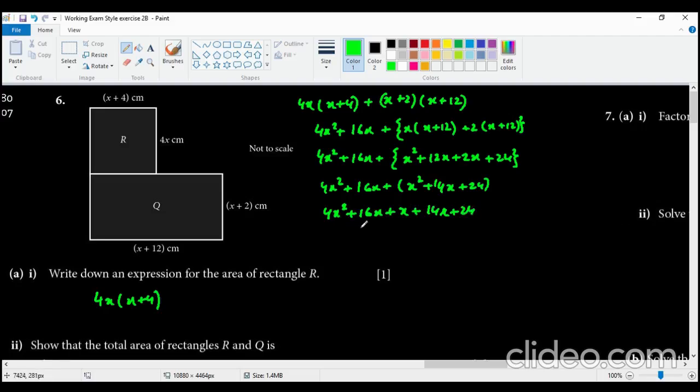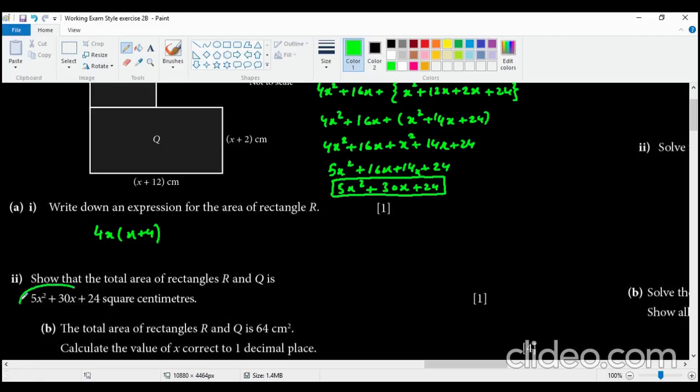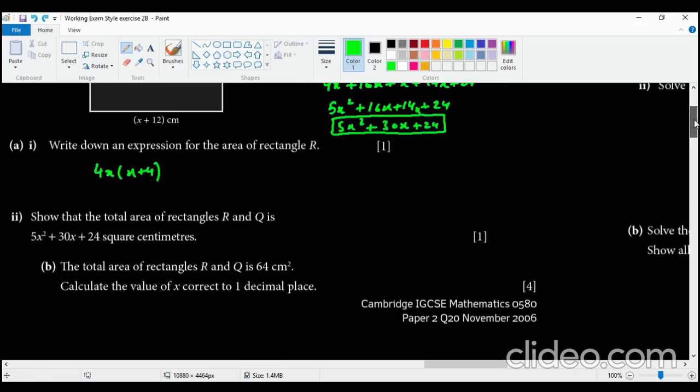Now 4x square and 1x square give us 5x square, and 16x plus 14x is 30x, plus 24. That means 5x square plus 30x plus 24 is the total area of the P, Q and R boxes. Hence proved that this one is equal to this one, and that means we get 1 mark for doing this. Next, the total area of rectangle R and Q is 64.